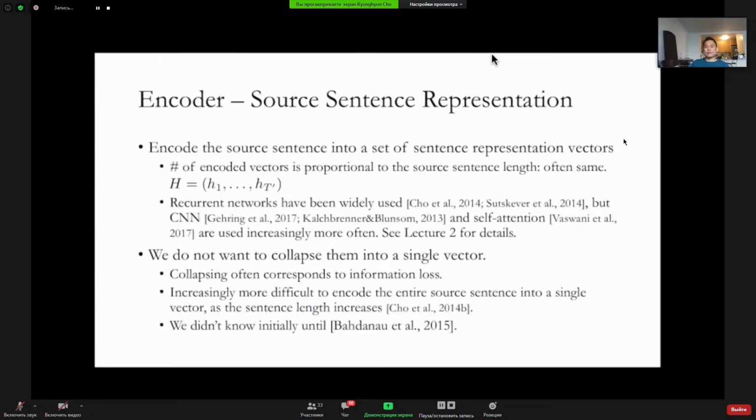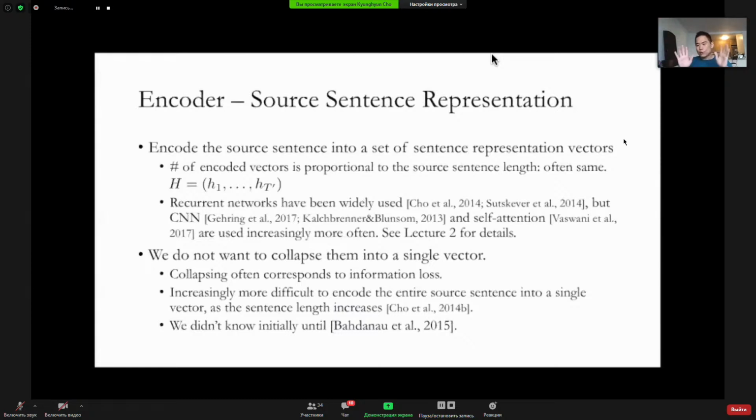Let's look at the encoder. What should the encoder do? The encoder turns the source sentence into some kind of representation, or a sequence of vectors. And that's precisely the first half of the text classifier. In text classification, what we did was take as input a sentence, turn it into a set of vectors, and then either max or average pool them into a fixed-dimensional vector before we fed it into the usual classification pipeline.